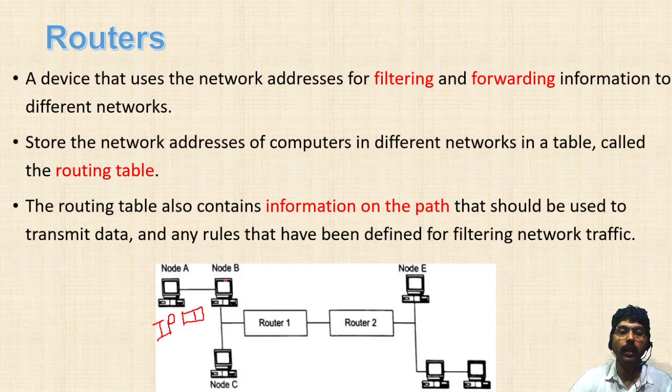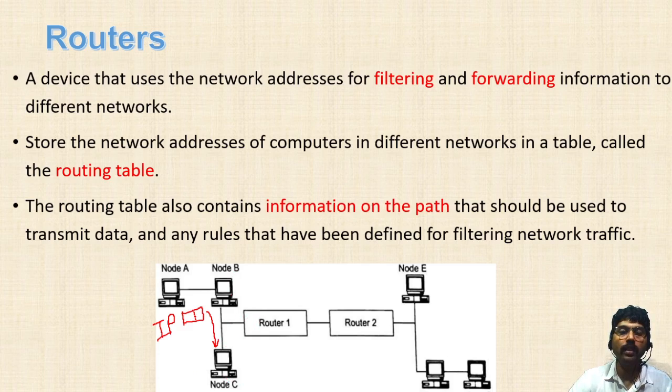It will send it to B, to C, and to router 1. This packet contains the IP address of node C, so node C will recognize it and accept it, and the others will reject it.